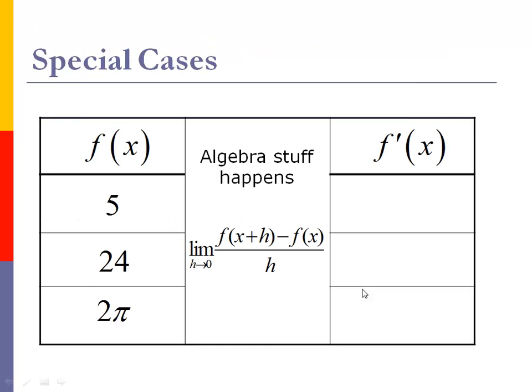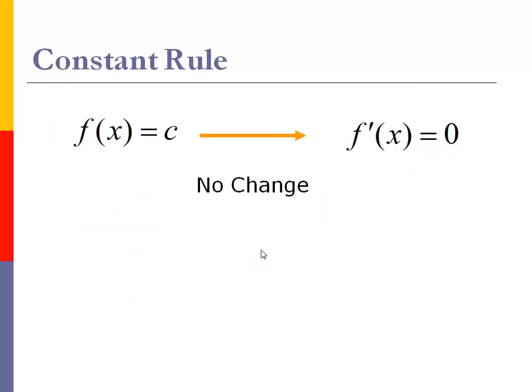One more situation we have is called special cases. It's also called the constant rule. If you start off with 5, 24, or 2 pi and do all this algebra, guess what we get? We get zeros. If we're doing a number, because 2 pi is a number, I know it's a nice cool looking number with a nice symbol, but it's a number, when we do its derivative, we get 0. And that's our constant rule.